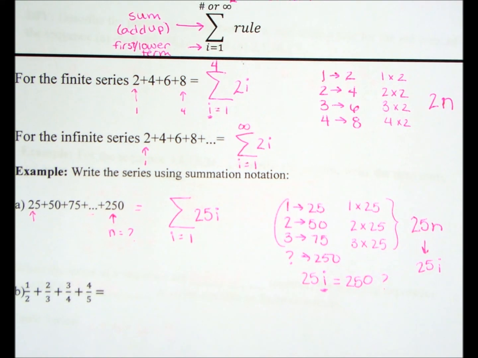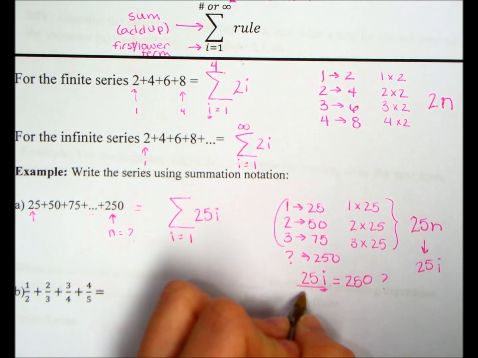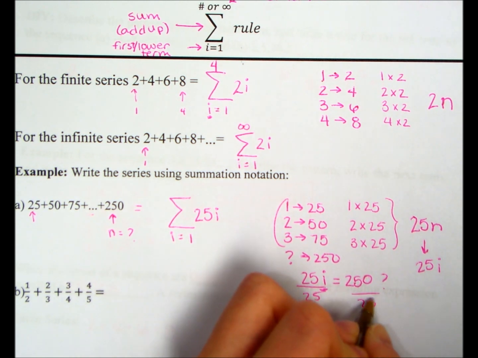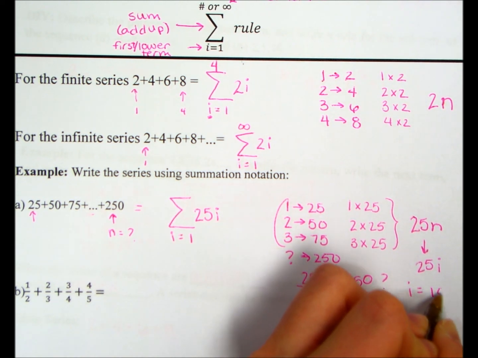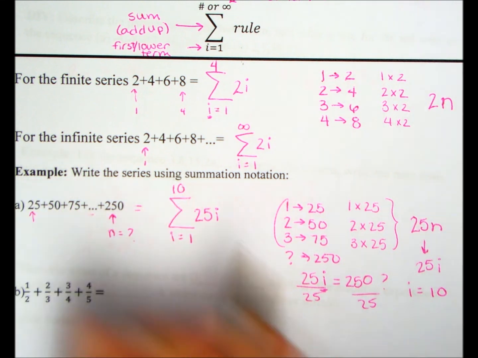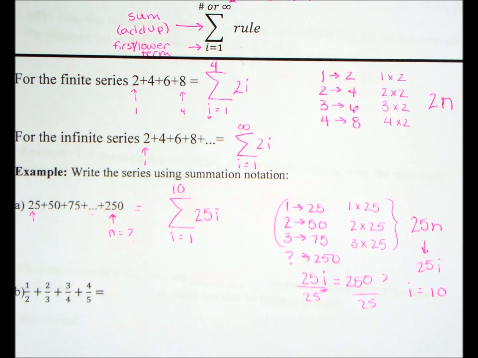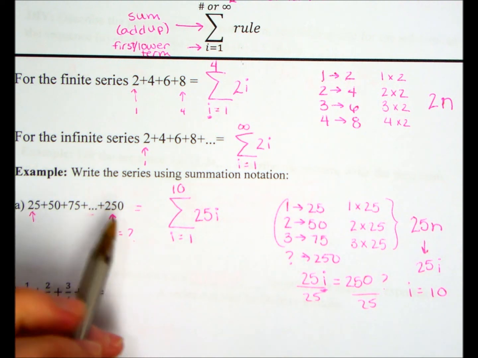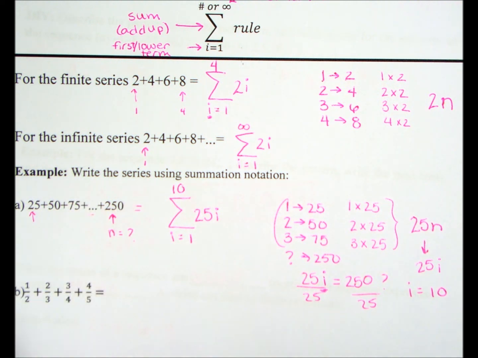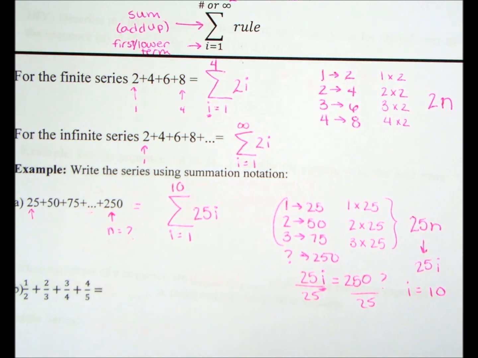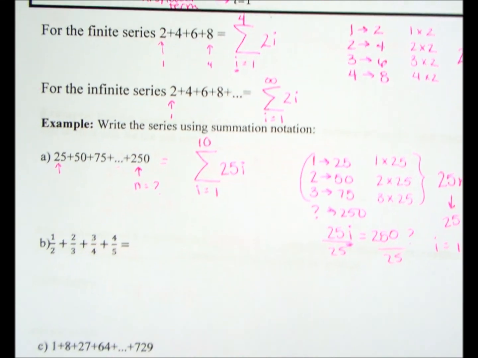So like a little mini algebra problem we have here. We can divide both sides by 25, and we'll get i is equal to 10. So this is my 10th term. For people who are really good at recognizing patterns and you wanted to list this out and see where you can get to 250, that would have been fine as well, but you can do a little mini algebra problem to figure that out. Alright, now to the fractions.